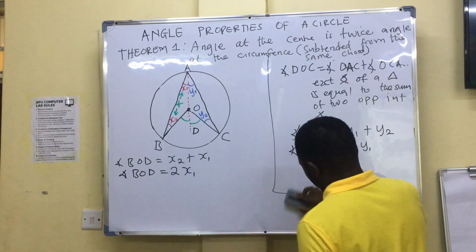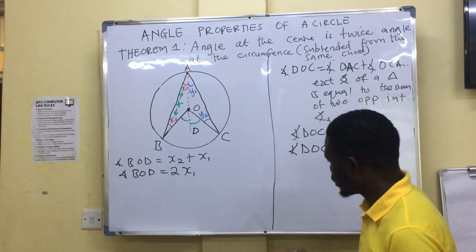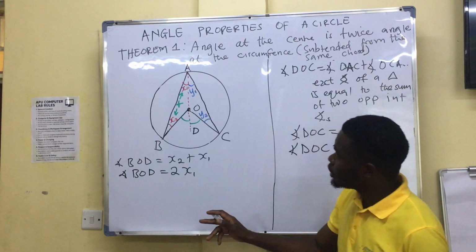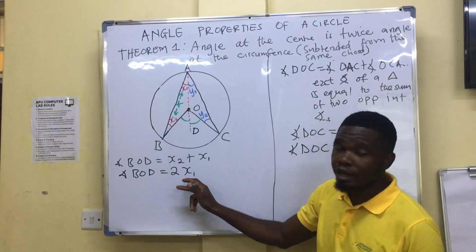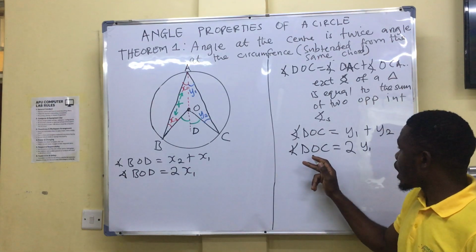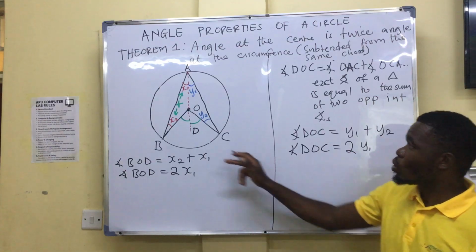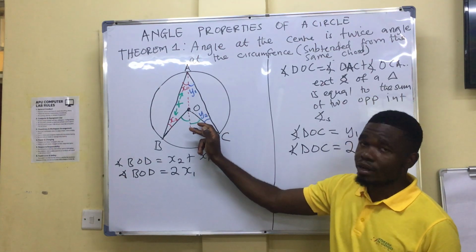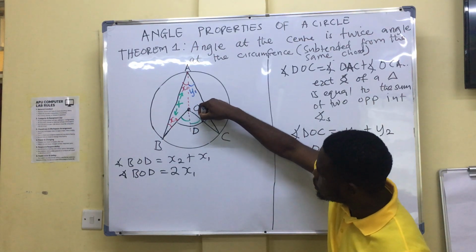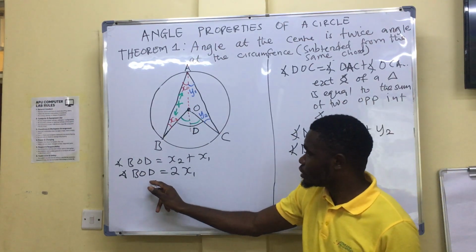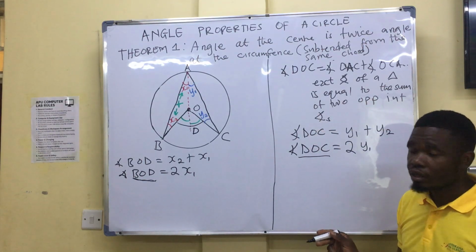Fine. So let's finish. So angle BOD is 2x1. Angle DOC is 2y1 here, right? But what about the value of the whole of this angle? We can add this angle BOD plus this angle DOC, right? Fine.